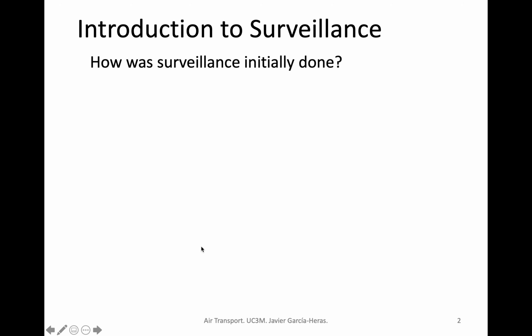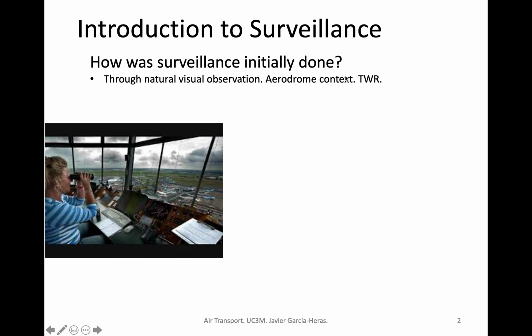And how was surveillance initially done? In the past, we had the typical visual observation. You see here this lady with monoculars just watching the airport or the areas around the airport in order to identify if there is traffic coming or departing.